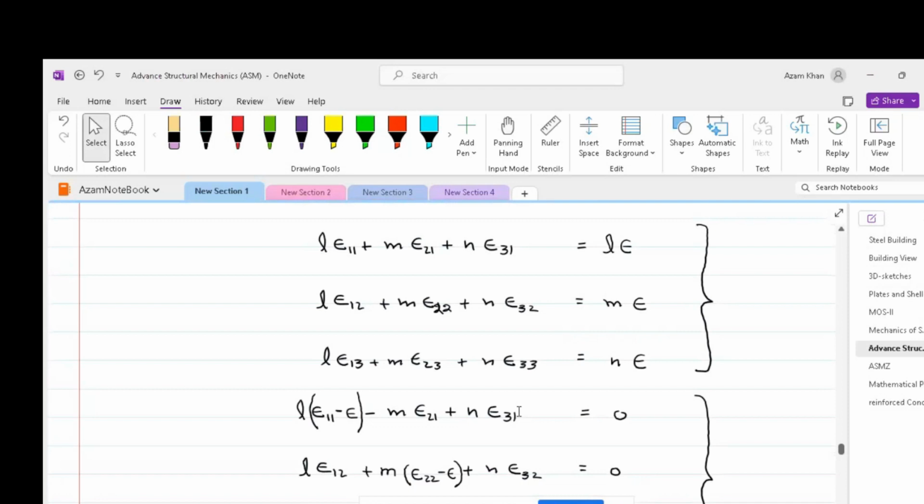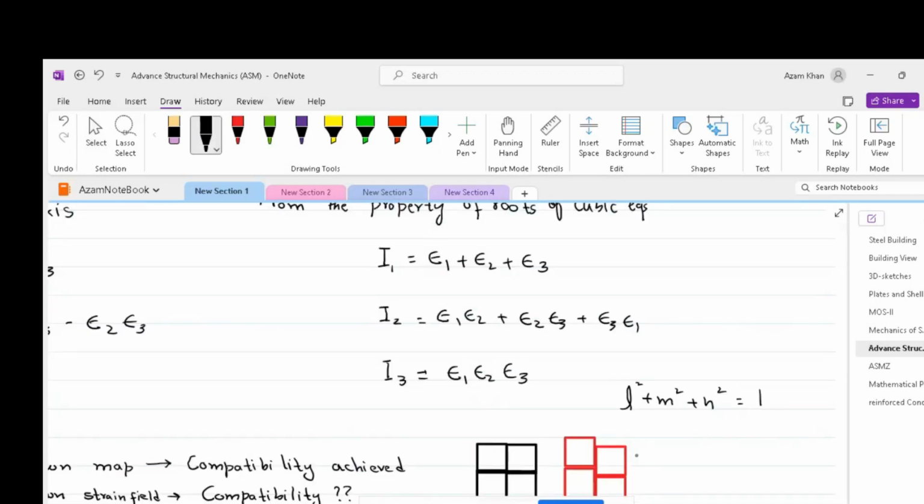Therefore, we need an additional equation which is independent of the available two equations which are also independent. The additional equation can be got from the identity L square plus M square plus N square equal to 1, where L, M, and N are the direction cosines.